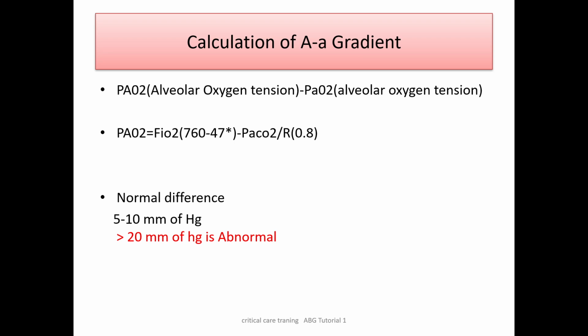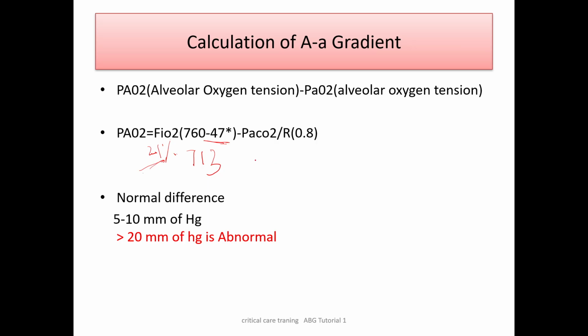Then the importance of calculating the alveolar arterial gradient, as I told. So how to calculate the alveolar oxygen tension? Alveolar oxygen tension can be calculated by FiO2 times 760, the atmospheric pressure, minus 47, the water vapor pressure. This turns out to be 713, and it should ideally be done at room air, that is 21% oxygen.